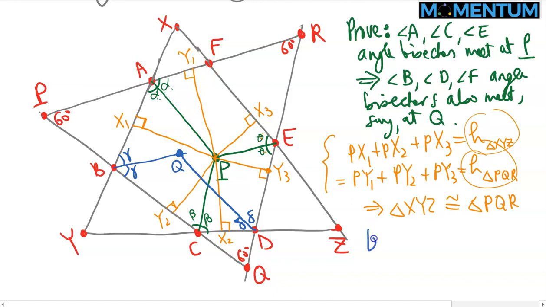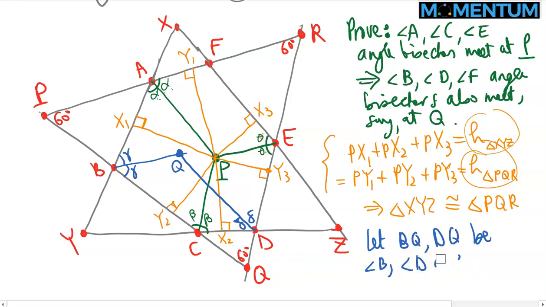And so let me write that down. Let BQ and DQ be the B and D angle bisectors respectively.